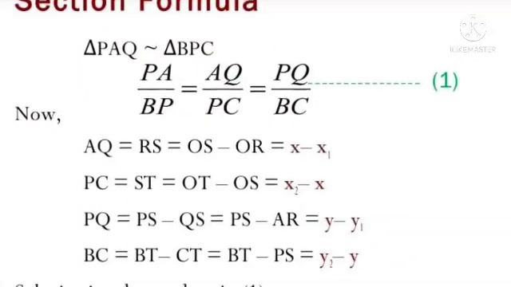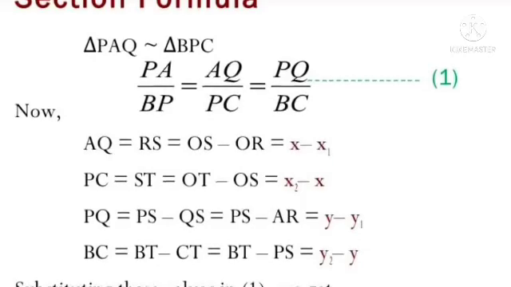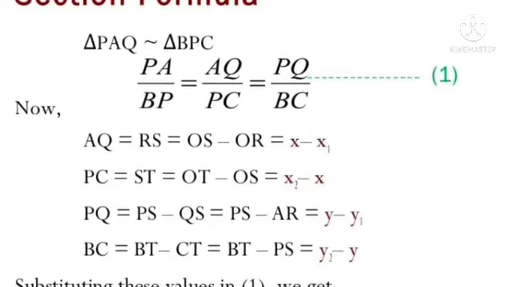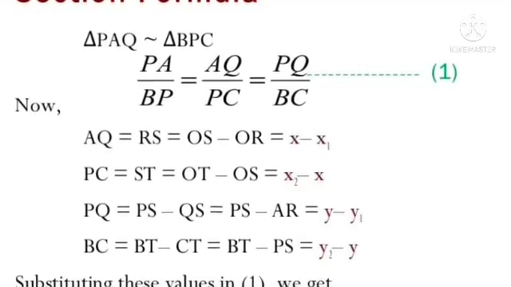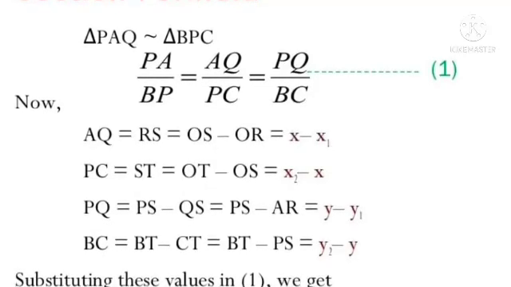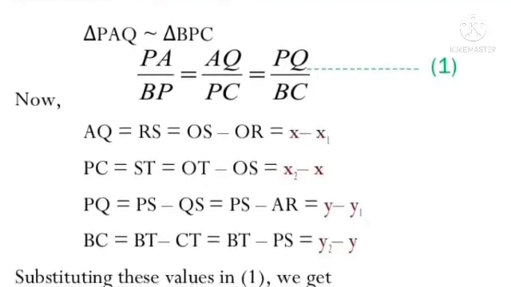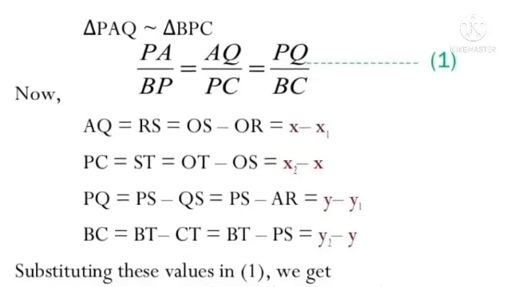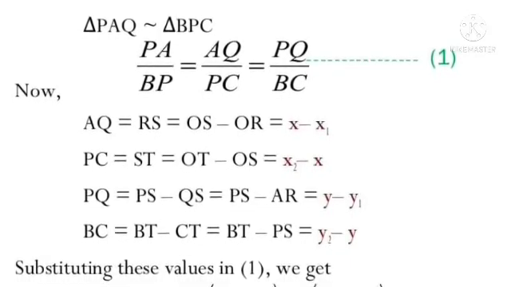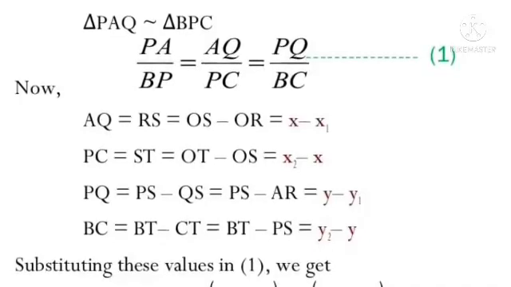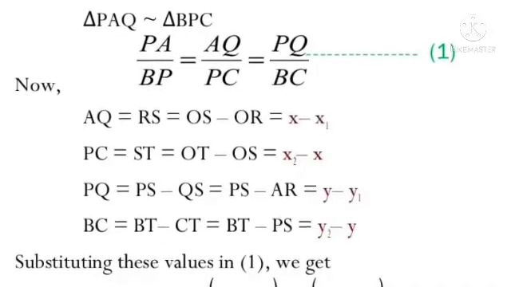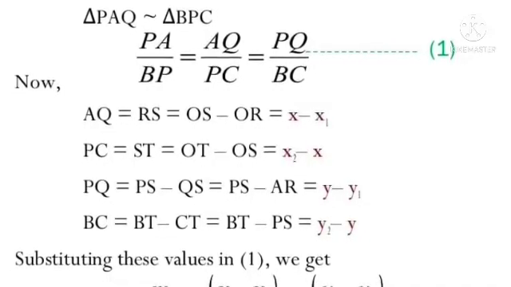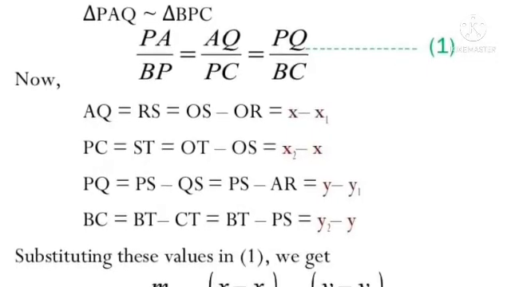Section formula. Triangle PAQ is congruent to triangle BPC. PA upon BP is equal to AQ upon PC is equal to PQ upon BC, equation 1. Now AQ is equal to RS is equal to OS minus OR is equal to x minus x1.